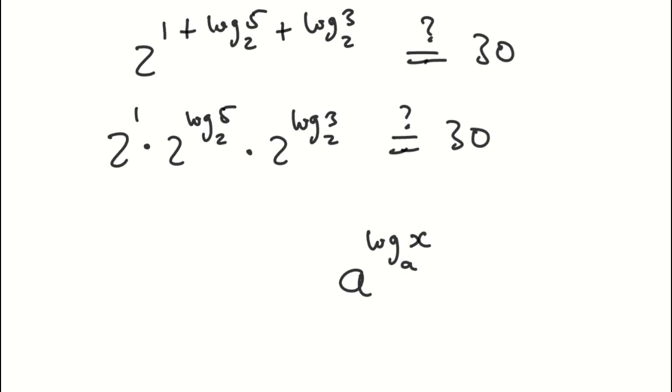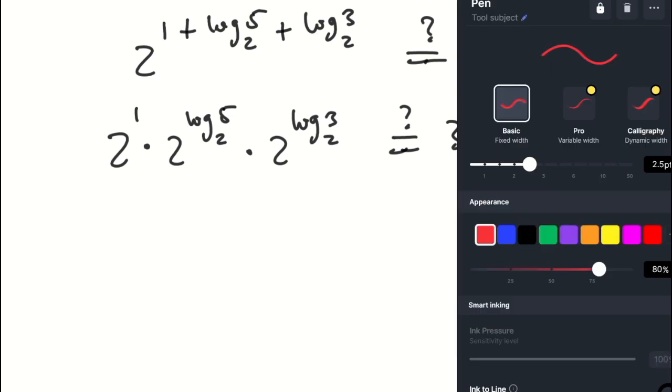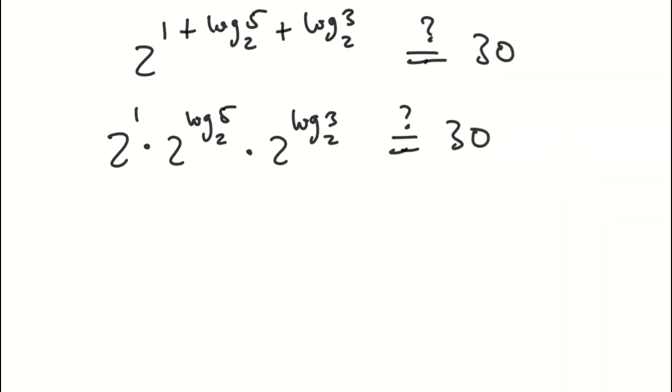So this will cancel this, you just have x left. That's exactly what I'm going to be doing with what I have here. So see, log base 2 will cancel this 2, log base 2 will cancel this 2, because the general base and the base of the log are the same.